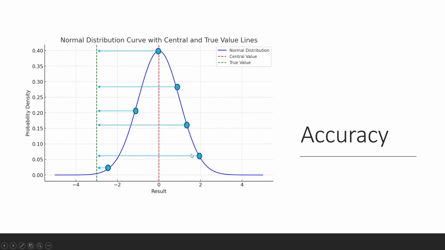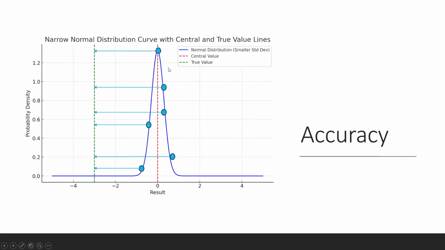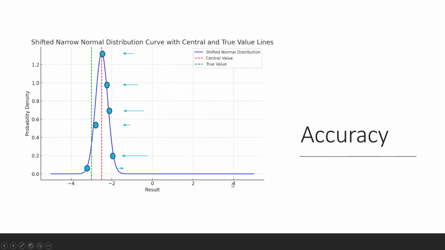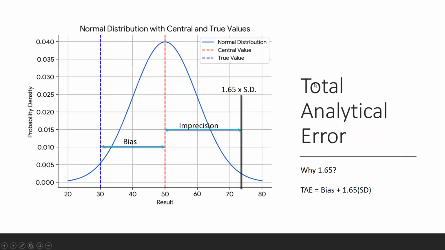Now, if we reduce the imprecision, so we have a method that has a lower standard deviation, all of these results are much closer together, but they're still not particularly accurate, unless we also minimize the bias to improve the accuracy. So this is often defined in terms of total analytical error, and it can be estimated as follows.